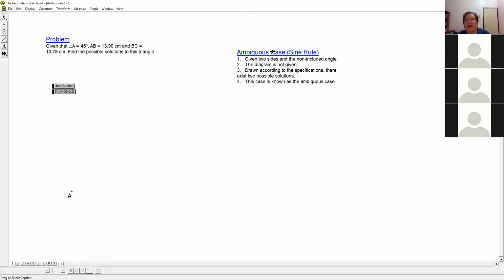Okay, now ambiguous case is a special case of this sine rule. Given two sides and the non-included angle, and the diagram is not given. So if you look at the problem, if it is given two sides and the non-included angle, it means that we have to use the sine rule.